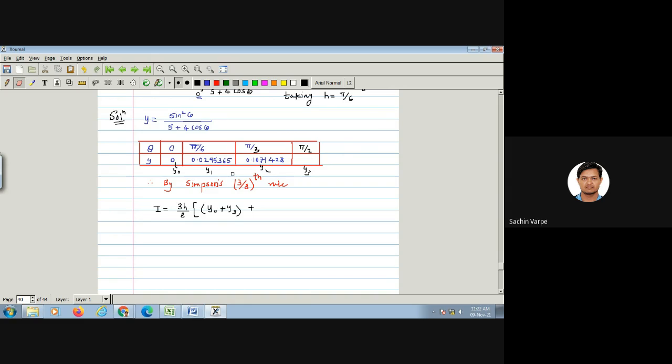And what is the y value at pi by 2? Sin pi by 2 is 1, over 5, so 0.2, right? Then 3 pi by 6 plus pi by 6 will be 4 pi by 6. So 4 pi by 6 is 2 pi by 3, right?